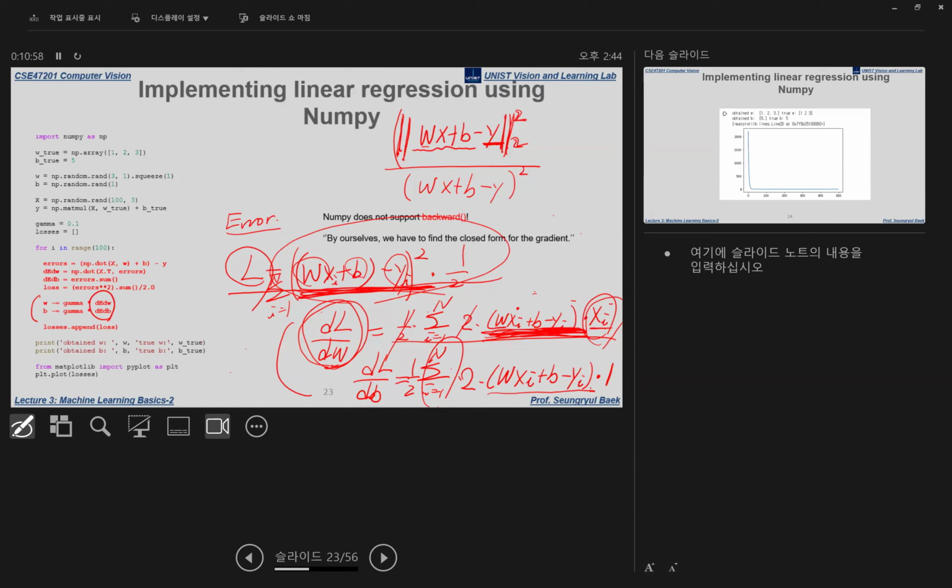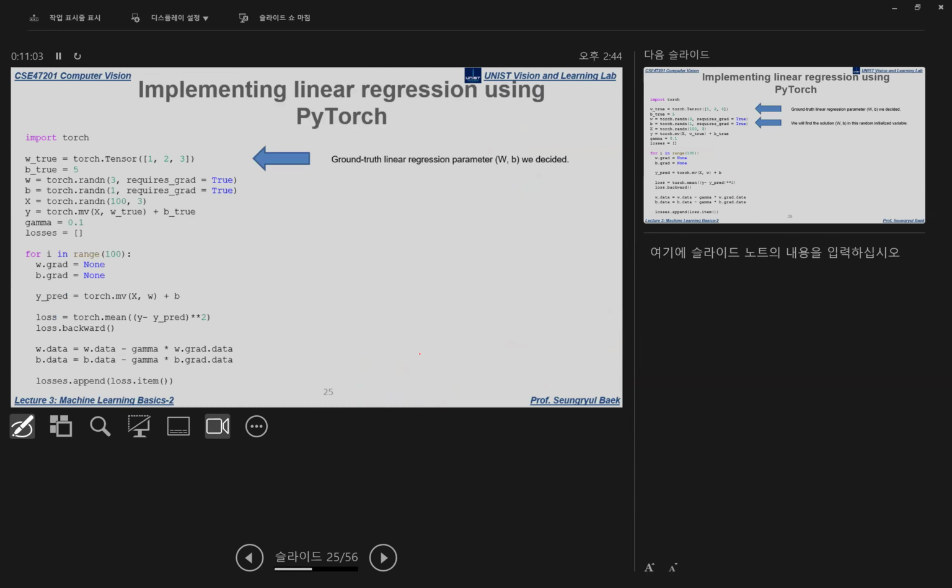Okay. So this is the NumPy side. But as we saw last time, if you use PyTorch, you don't have to calculate this closed form solution for the gradient. Instead, you just type how these inputs, the B, W, X, and Y, are connected via operators, and how to calculate the final loss from them.